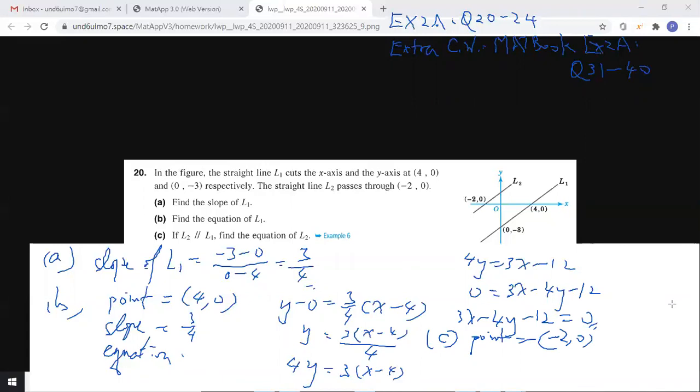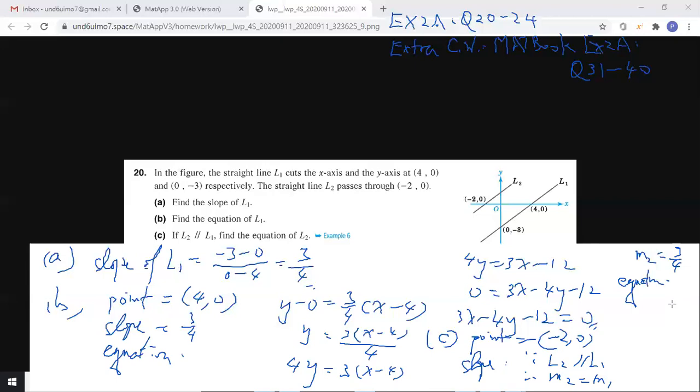For the slope of L2, because L2 is parallel to L1, therefore m2 should be equal to m1. The slopes of two parallel lines should be equal, which means that m2 should also be equal to 3/4.